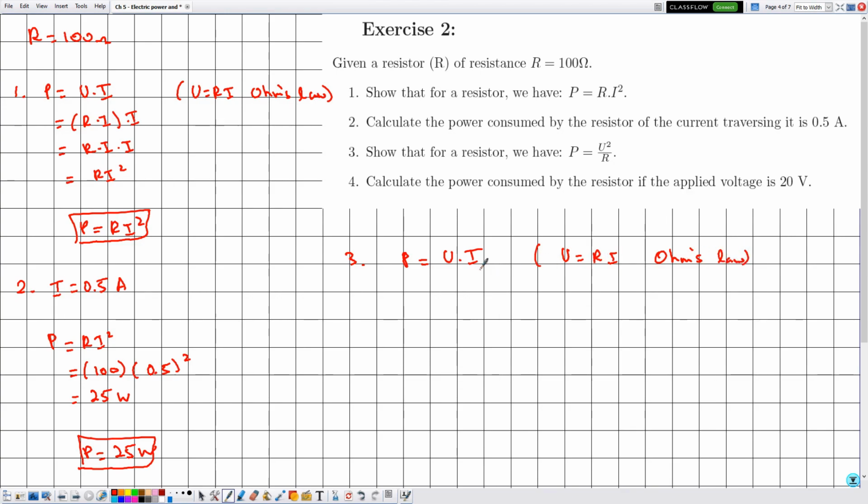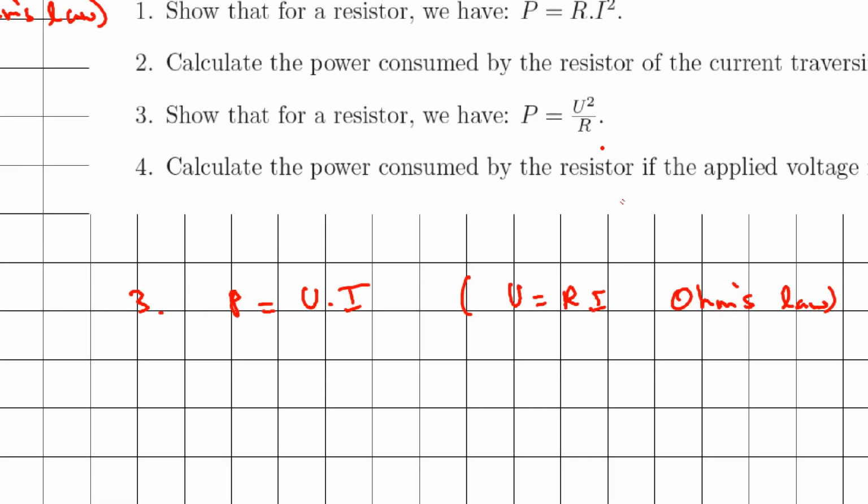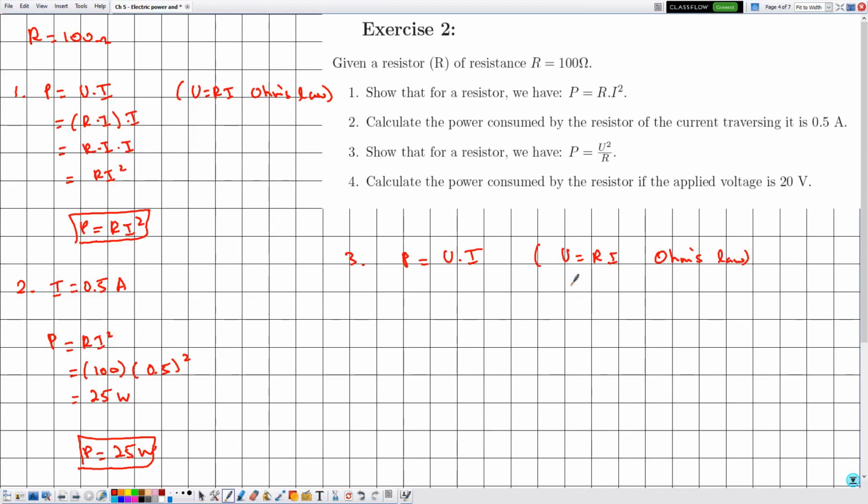Now we need to replace the value of I, so I is equal to U divided by R. So U multiplied by U divided by R, getting rid of the brackets, this will be equal to U squared divided by R. So P is given by P is equal to U squared over R.